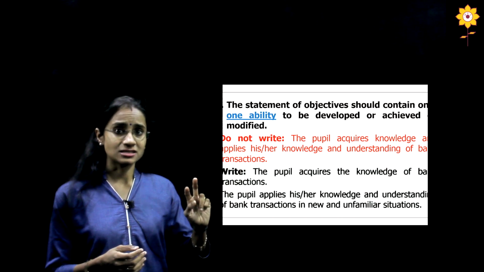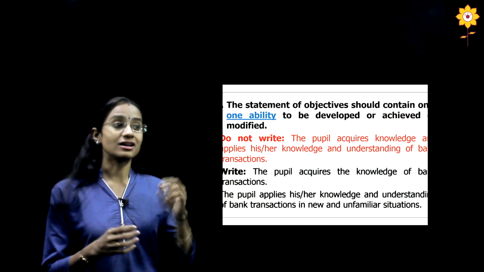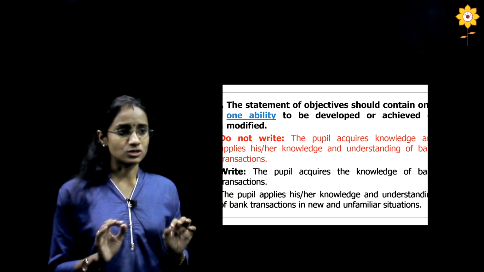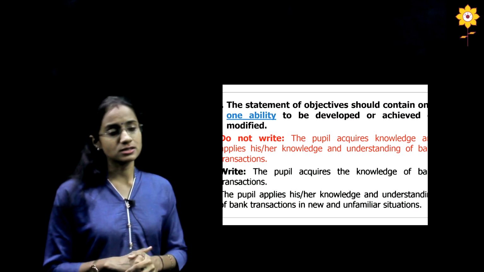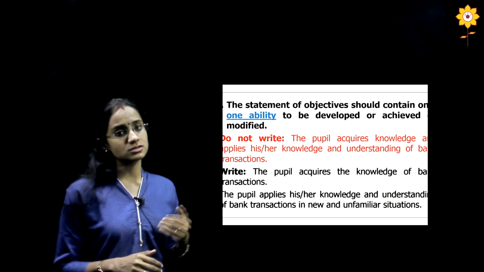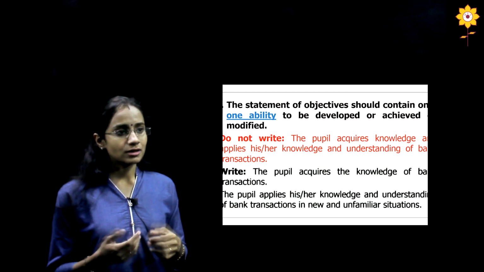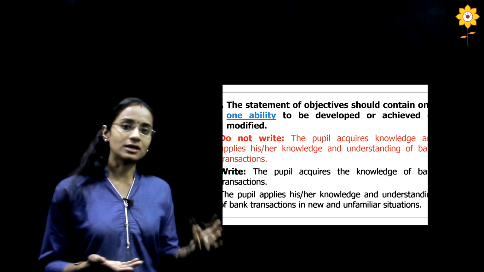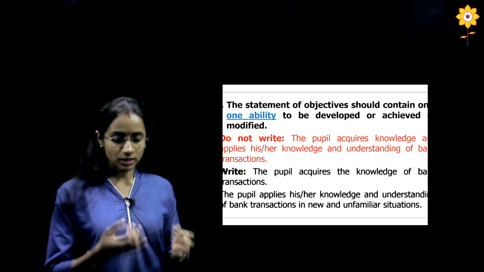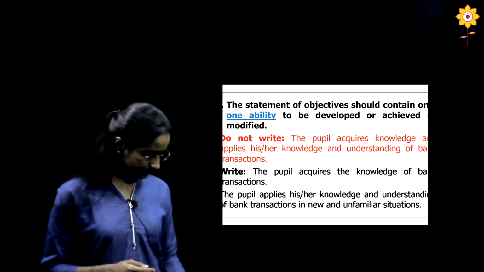Acquires and applies, right? So there are two non-action verbs coming up, and so this is not the right way to write. The correct way of writing is the pupil acquires the knowledge of bank transactions, and the next one, the pupil applies his or her knowledge and understanding of bank transactions in new and unfamiliar situation. Okay? So knowledge, understanding and application come separately.